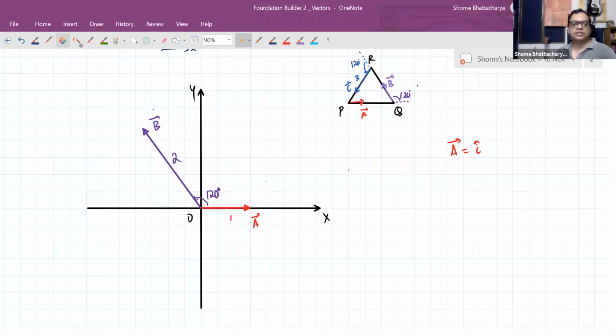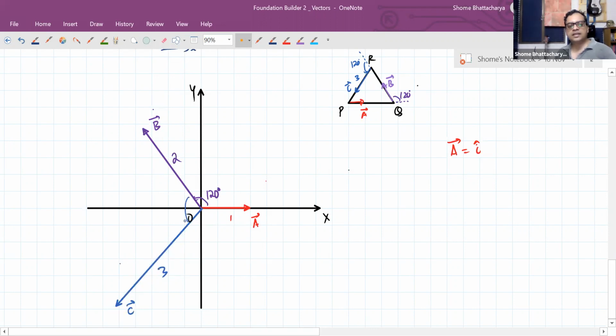So when I draw the vector C in my xy system, it will be over here. It will be of magnitude 3 units, where this angle will be 120. So this whole angle is 120. That also means that this angle here, this one, is 60 degrees.